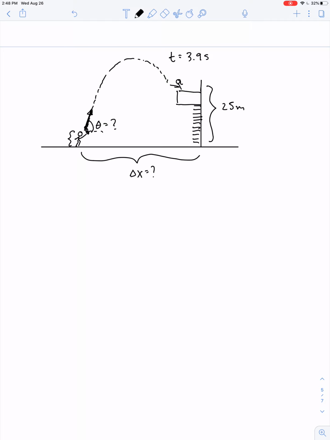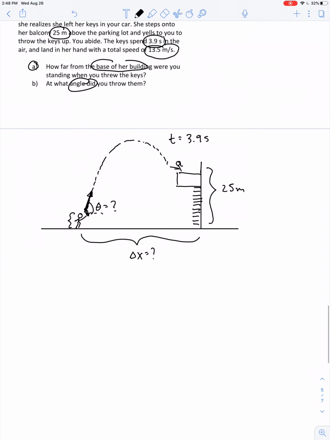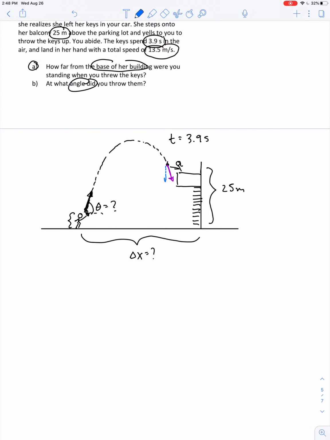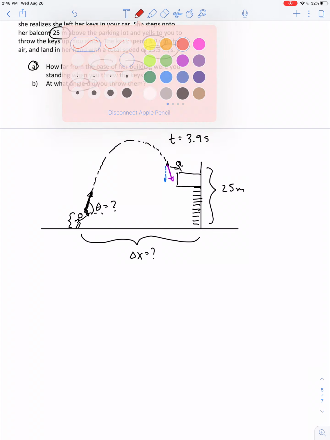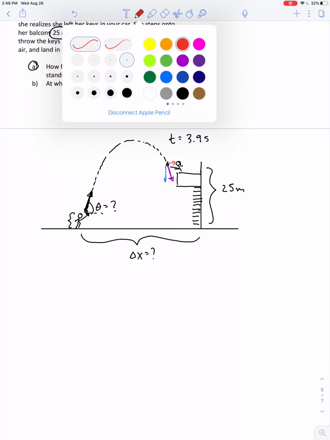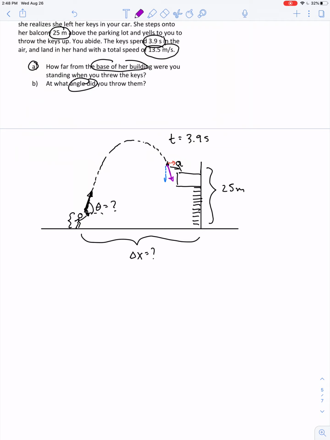So, we've got one more piece of information. The total speed when the keys hit her hand is a vector that points down and to the right. So it has a vertical component, and it has a horizontal component. Those components are not given, but we are given that total speed is 13.5 meters per second.